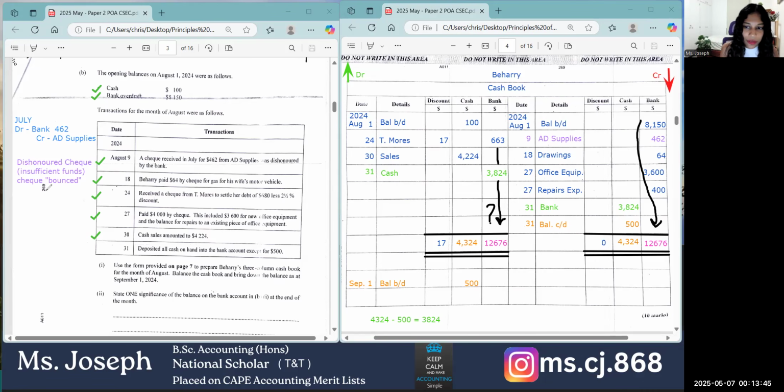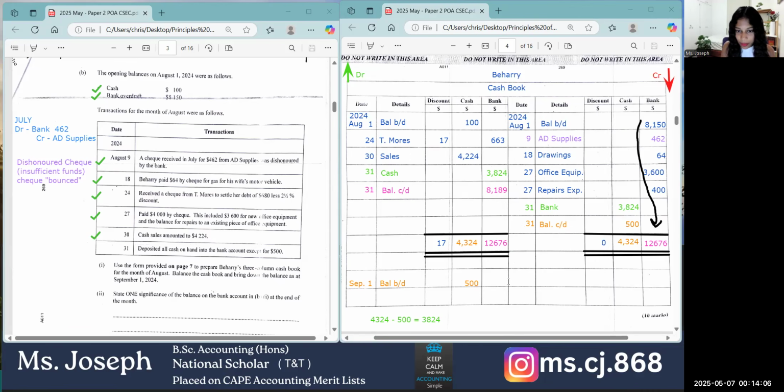We will get a figure of $8,189. This figure here is going to be called your balance carried down on the last day of the month. And then you're going to bring it down diagonally into the new month.